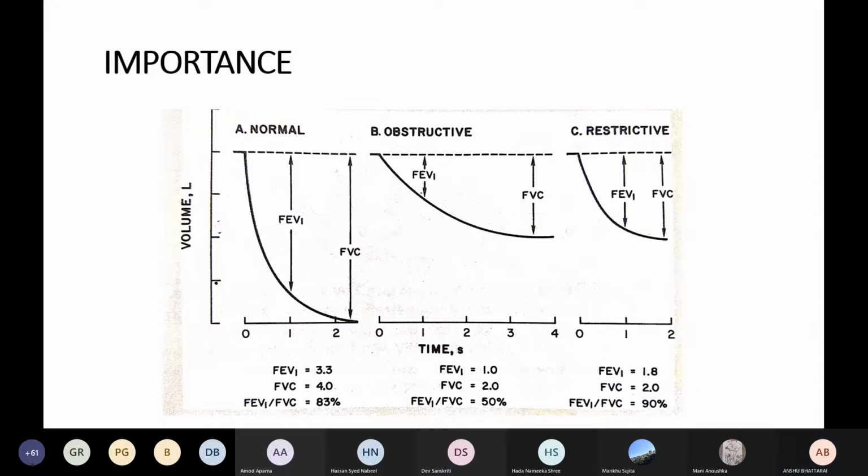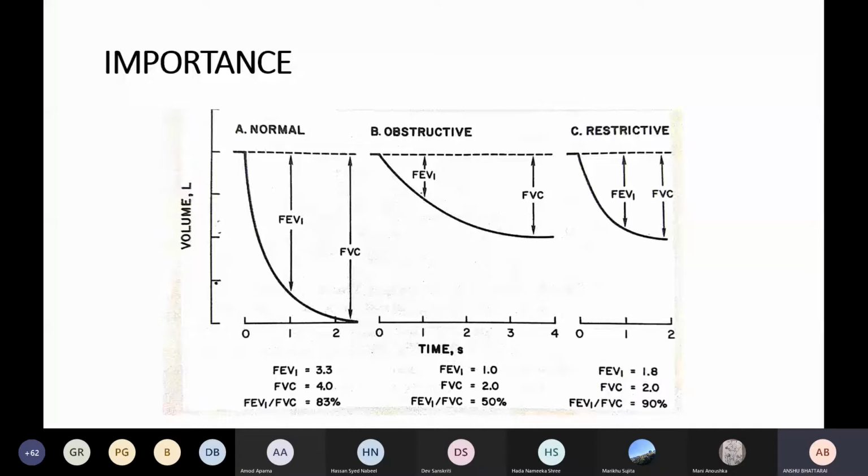That is why the total lung capacity, the residual volume, functional residual capacity, these parameters are increased.